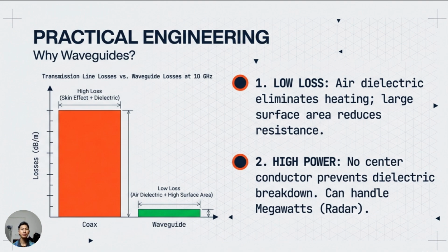Waveguides are preferred at microwave frequencies because they offer very low loss and can handle extremely high power levels. Since the dielectric is air and there is no solid dielectric, dielectric heating and breakdown are minimized.